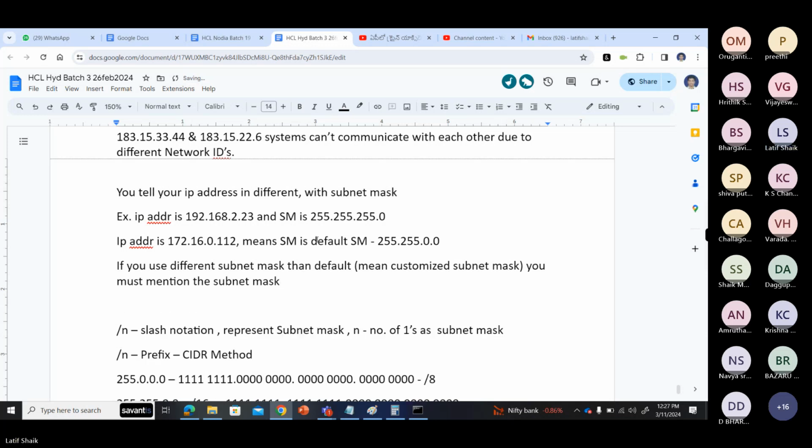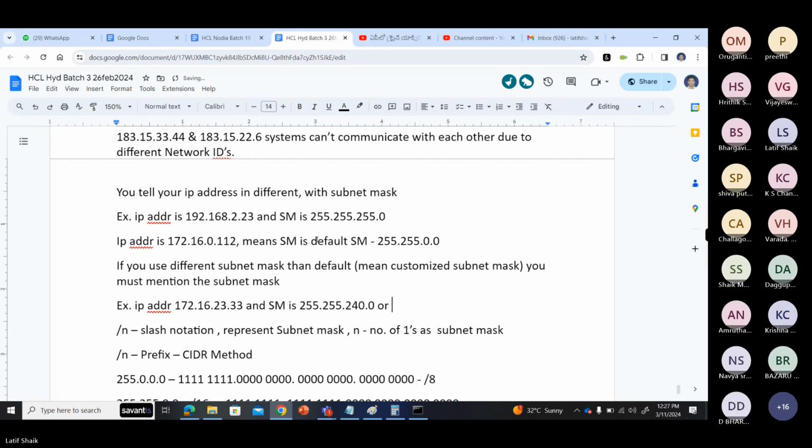So, for example, again, my IP address is 172.16.23.33, and the subnet mask is 255.255.240.0. So I'm using a different subnet mask here.